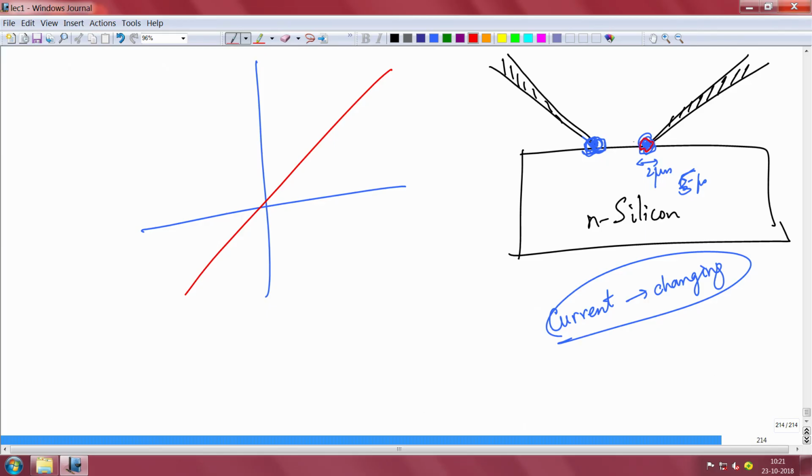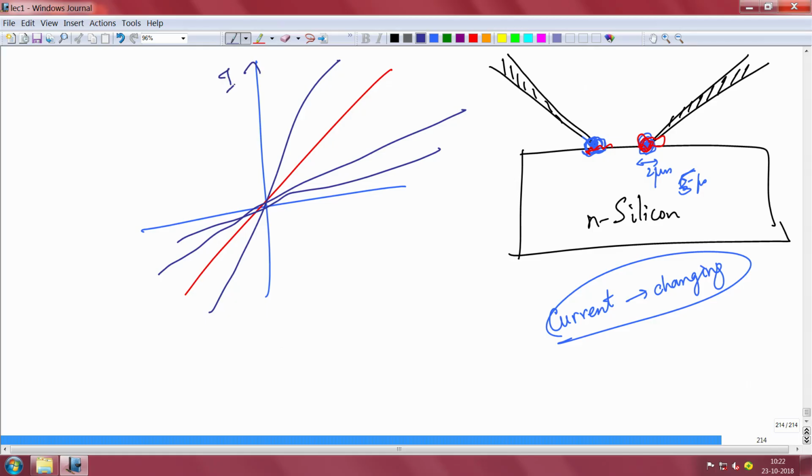These are microscopic, I mean these are a few micron, you cannot see the tips with your eyes, so you have to look at a microscope. You saw that there is junk here or some residues have come here, so next time you measure the IVs look something like this, maybe next time something like this, then you measure, then the IVs look something like this. So the IV, the current voltage characteristics, will keep changing as you measure again and again, because the area here is not fixed, okay.